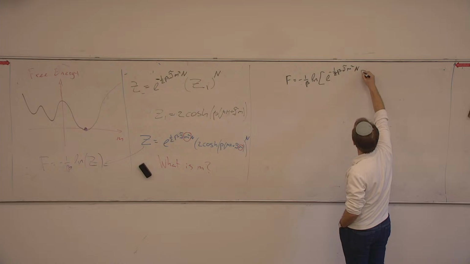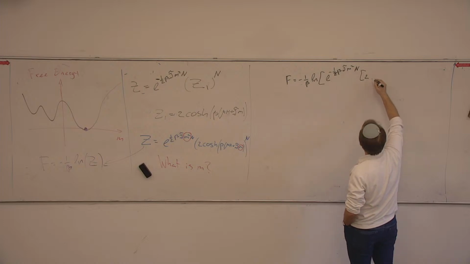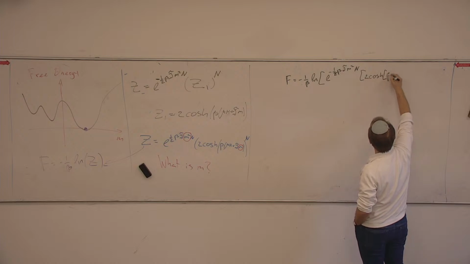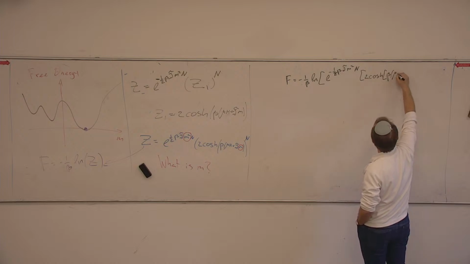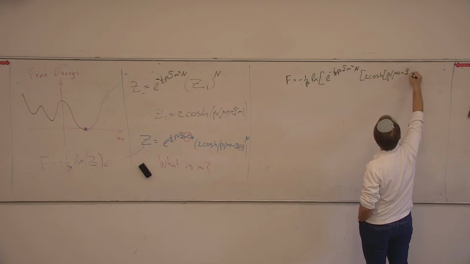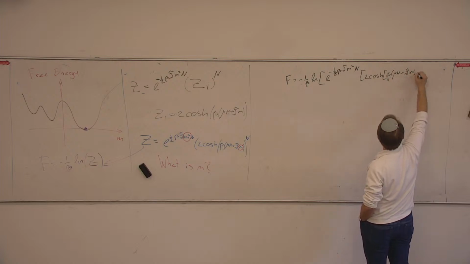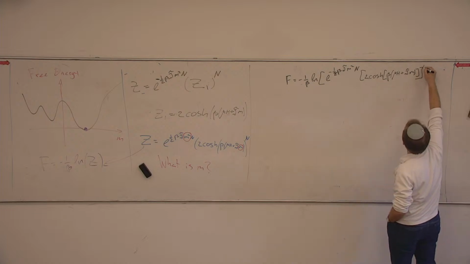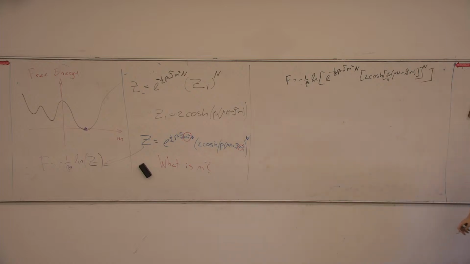And here we have 2 hyperbolic cosine of beta mu h plus j tilde m. All of this to the power n. And here we close the log.